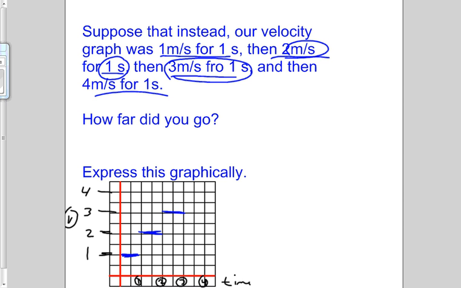So I'm creating a step model. Then from 3 to 4 seconds, I'm going 4 meters per second, expressed with a horizontal line, meaning a constant velocity of 4 meters per second for that second. So this is a graphical representation of my velocity as a function of time.